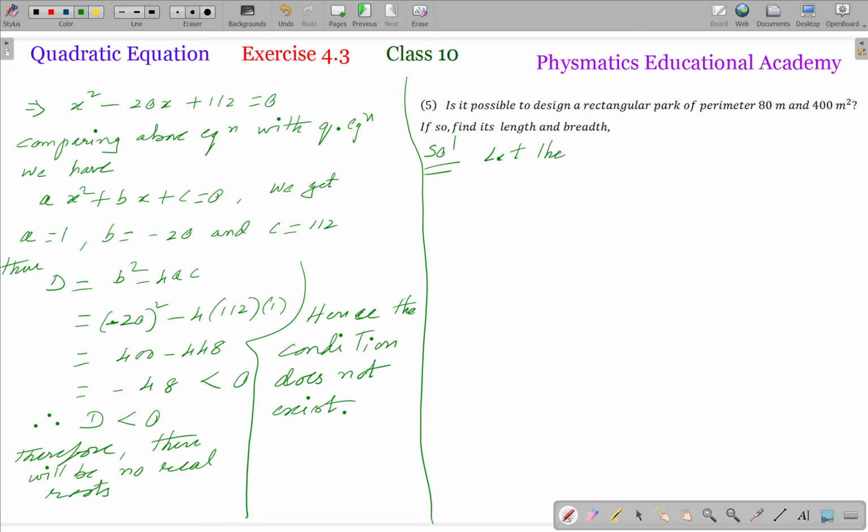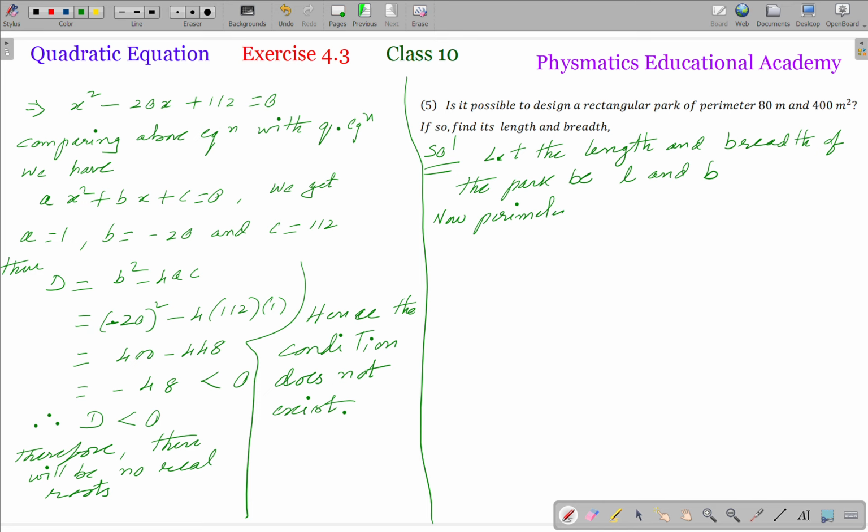Let the length and breadth of the rectangular park be L and B.